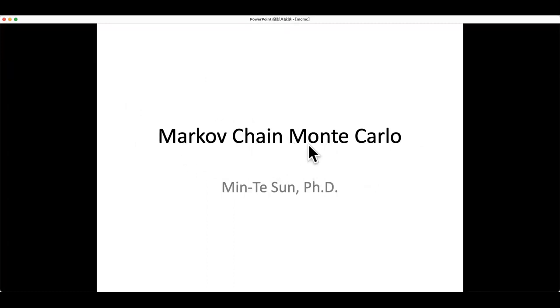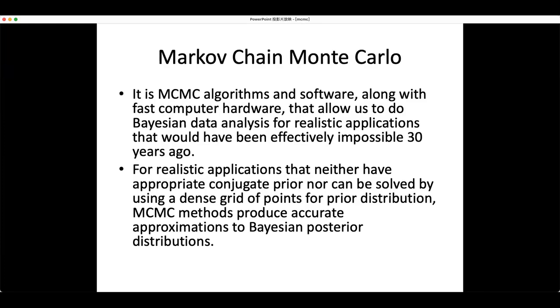So here I intend to introduce how the sampling is done. This is, as I say, crucial to the development of Bayesian data analysis. The set of algorithms that help sampling is called MCMC algorithms.